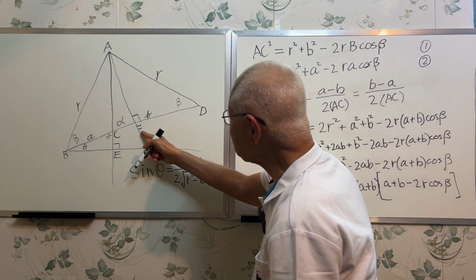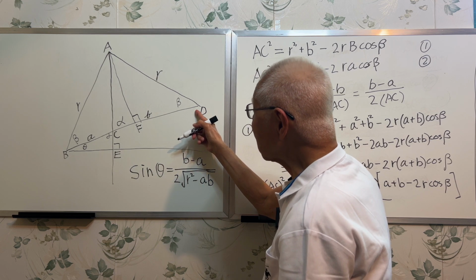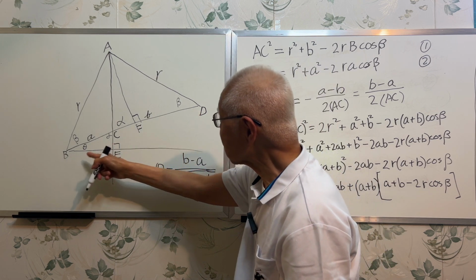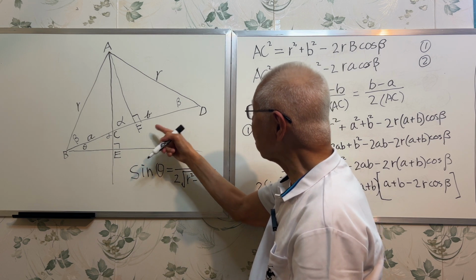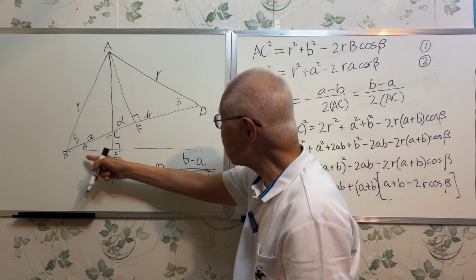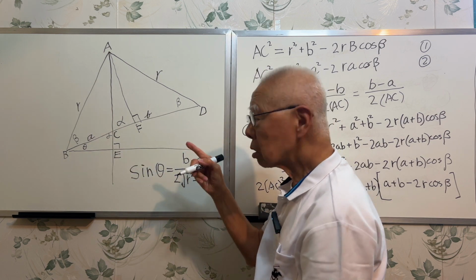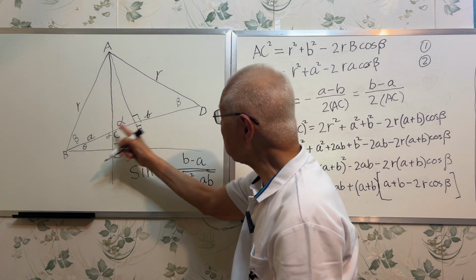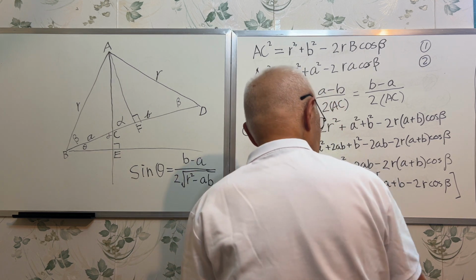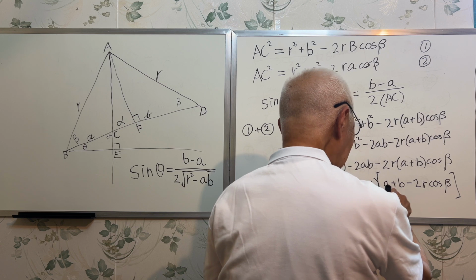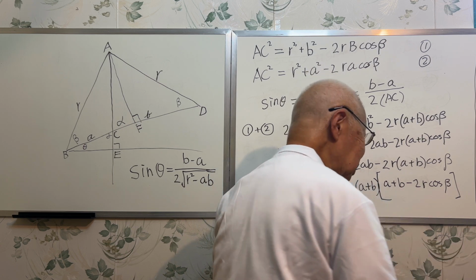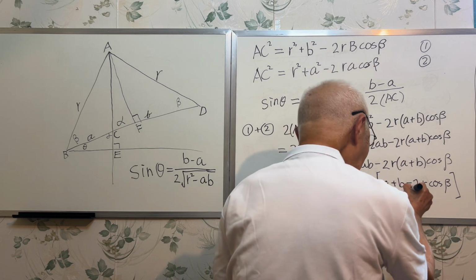R cosine beta is this. Another r cosine beta is this. So r cosine beta plus r cosine beta is BD. What is BD? It is a plus b. So this is a plus b minus a plus b. It's 0 here.